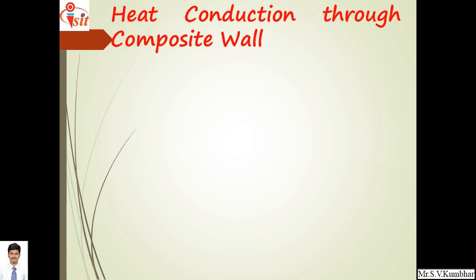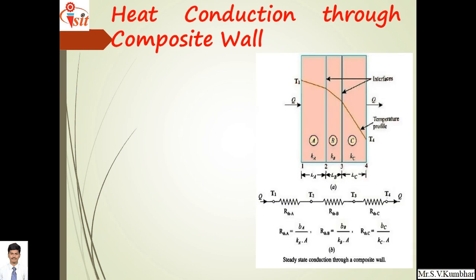Now it's time to take up the derivation of heat conduction through a composite wall. Now consider a composite wall. Here three different layers are shown which are made up of different materials A, B, C. These are different materials and they are combined together to form a single unit. Let's say T1 is the temperature of the left hand side wall and T4 is the temperature of the right hand side wall.